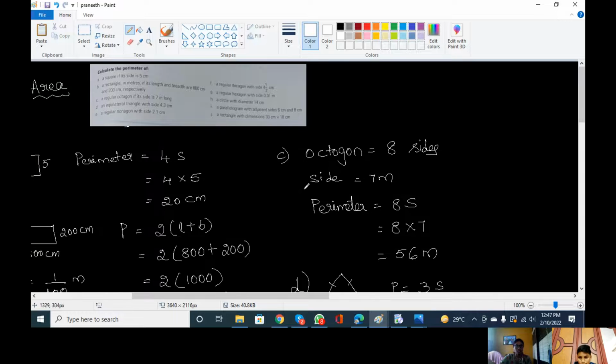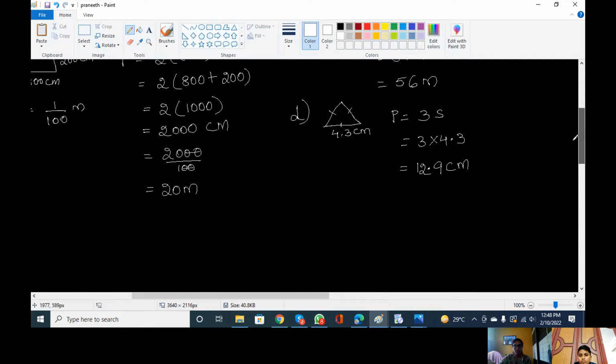Next question is a regular nonagon with side 2.1 centimeters. Nona means 9. So the number of sides in a nonagon is 9 sides. Number of sides is 9 and each side is given as 2.1 centimeters. So the perimeter of a nonagon is, what is the formula?